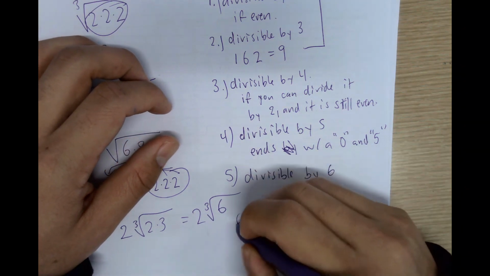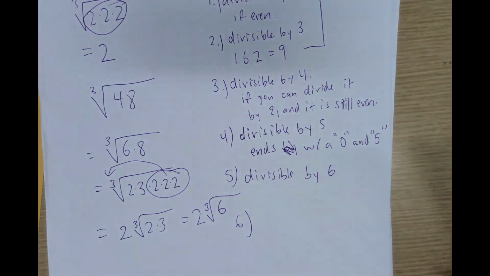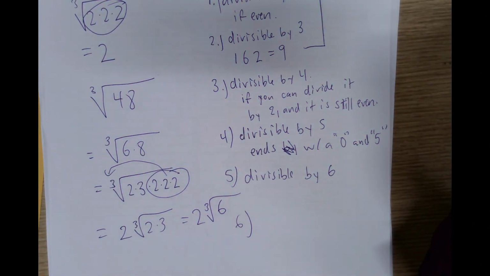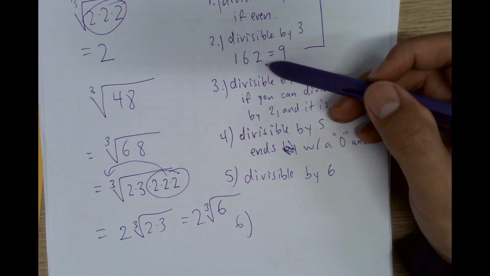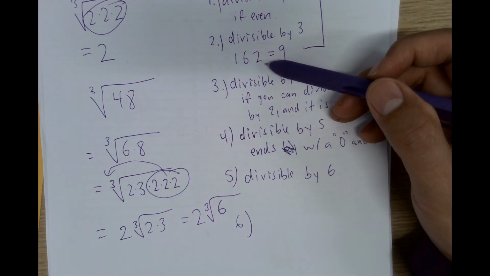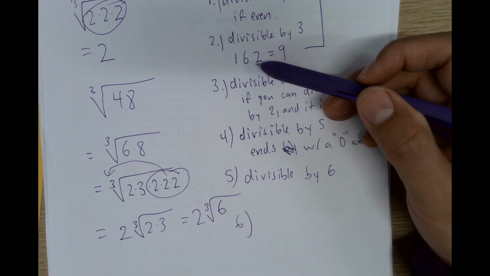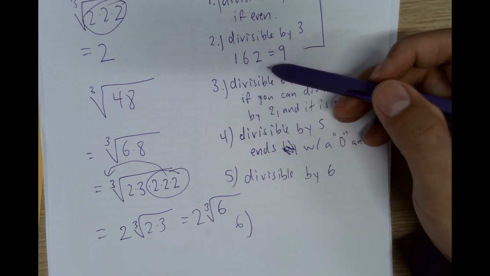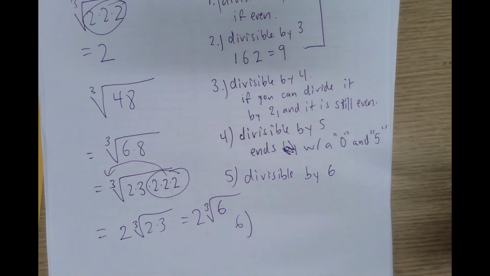What's the rule of 3 again? If you add up the digits together and they're divisible by 3, then it's divisible by 3. As an example, 162: 1 plus 6 plus 2 equals 9, which is divisible by 3, so that's the rule.